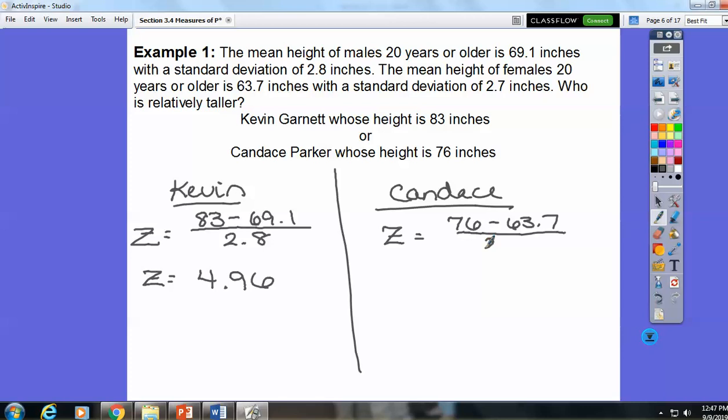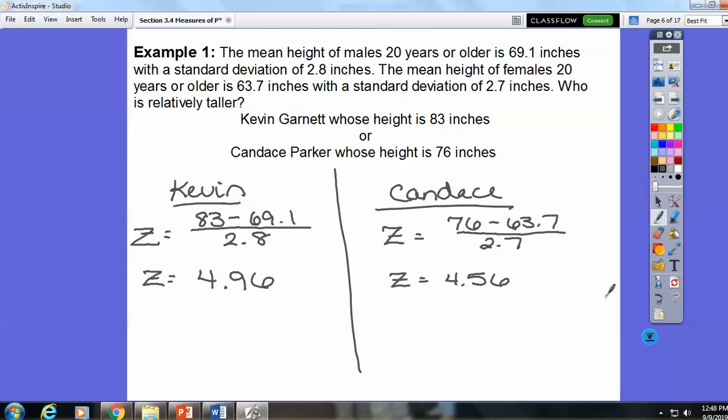Over the standard deviation for the females. And so she gets a z-score of 4.56. What this says is her score is a little over 4.5 standard deviations above the mean. His score is almost 5 standard deviations above the mean.